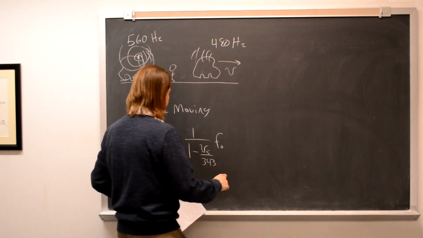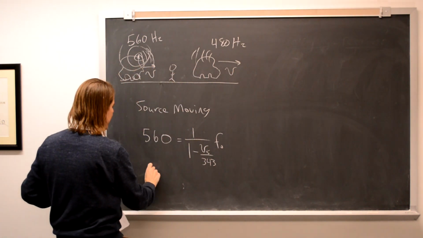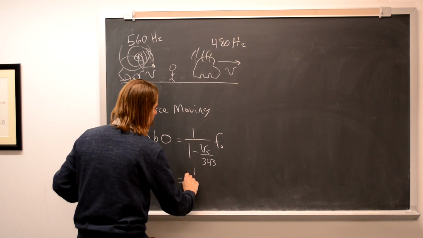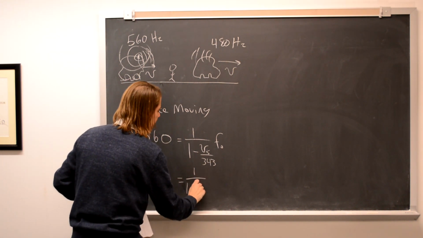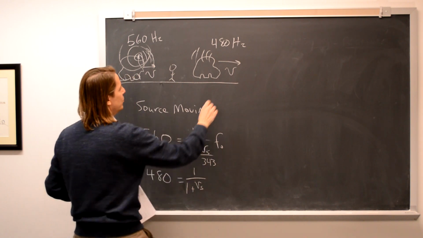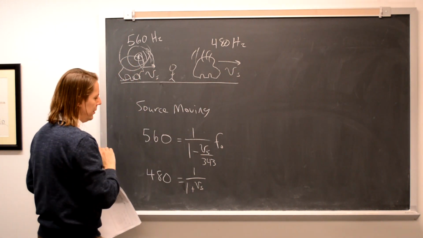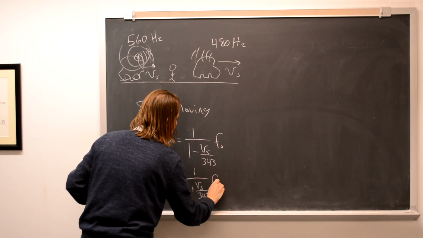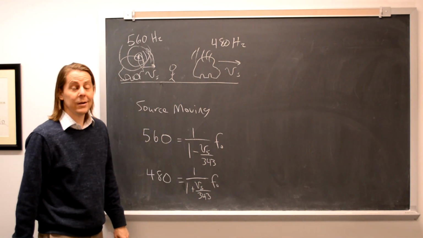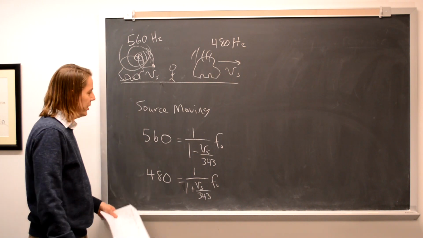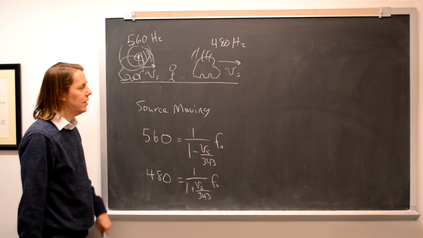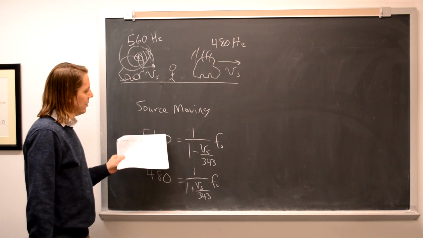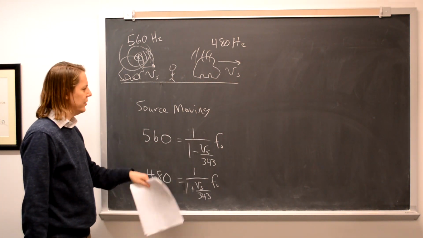When it moves away, we can use that equation, F minus equals 1 over 1 plus the thing we don't know, how fast it's moving away, over 343, times the same F naught that we don't know. Now we have a very fortunate situation known as two equations and two unknowns. So we just have to solve it, and the easy way is to drag these over here, and they're both equal to F naught, so just set them equal to each other.